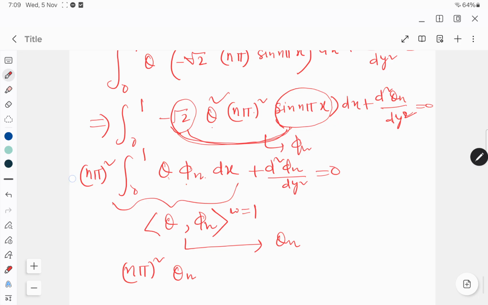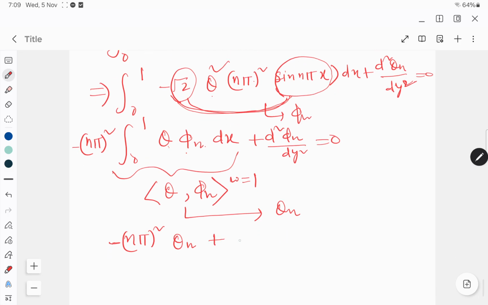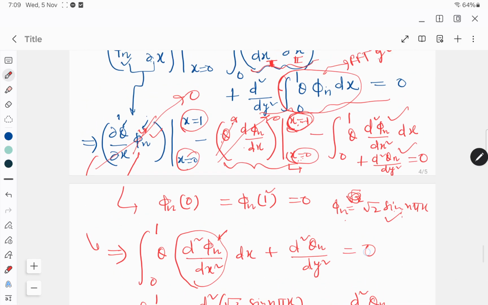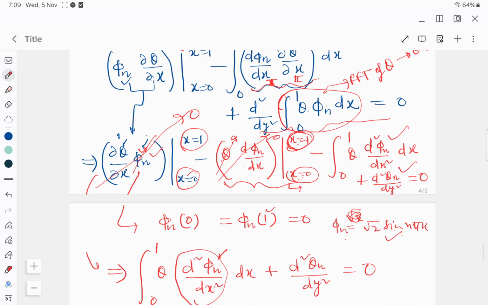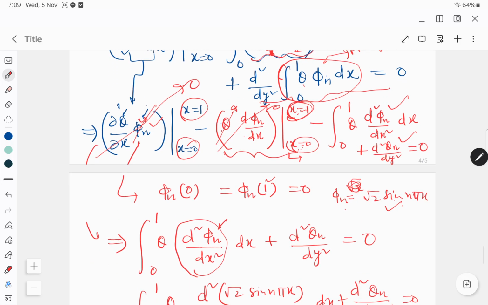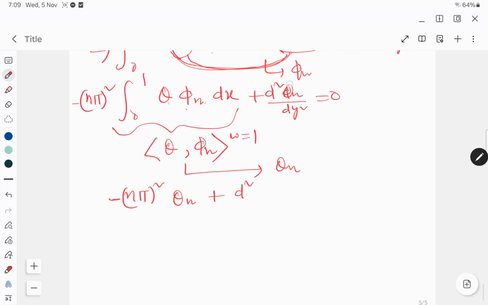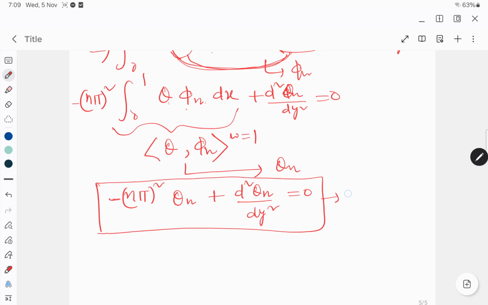So minus sign is also there, so minus n pi square theta n plus d2 theta n over dy square is equal to 0. What is it? This is an ordinary differential equation.